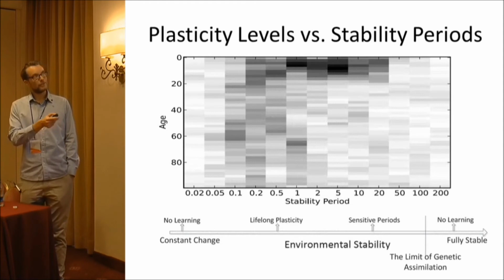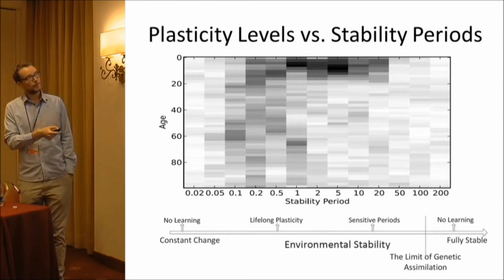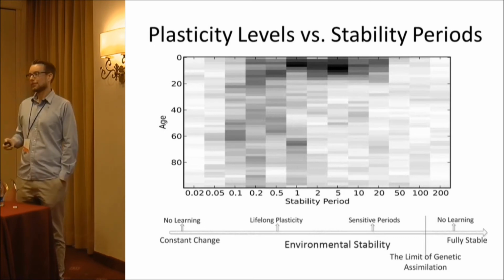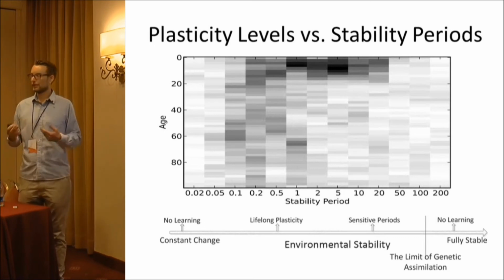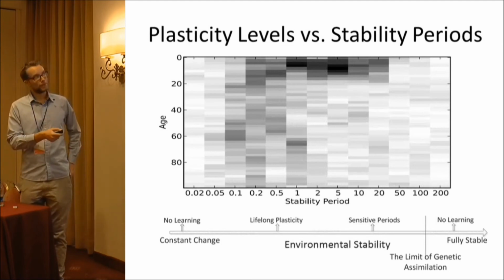For intermediate ranges, we see a heap of learning, and we see some uniform gray columns here for the most unstable of these environments, meaning that the individuals here evolved to adapt throughout life, because the environment is so unstable. Whereas for the more stable ones, we see this separation between an early period of adaptation and a later period of staying stable. And this corresponds to the 4 strategies that I hypothesized.